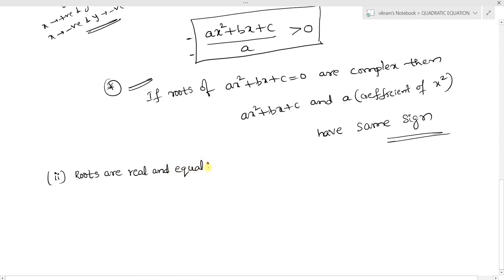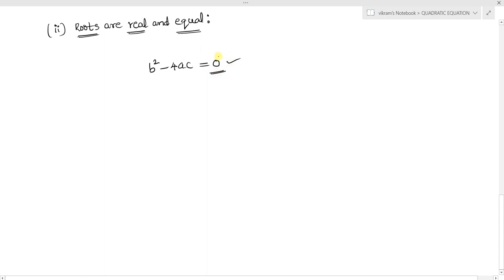If the roots are equal, what is the condition we need to obtain? The roots are equal means the discriminant b square minus 4ac is equal to 0. The discriminant equals 0.